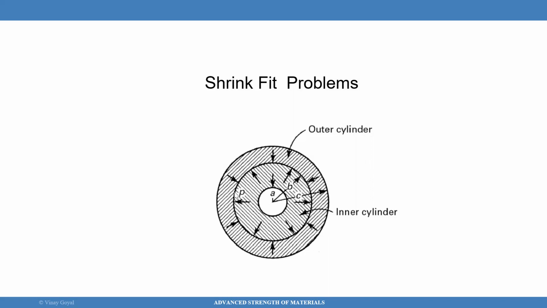The inner cylinder wants to push against the outer cylinder because you're trying to shrink fit it into the outer cylinder, and that causes a pressure between these two cylinders. This is a common problem that's analyzed, and I will give you examples later on how that works.